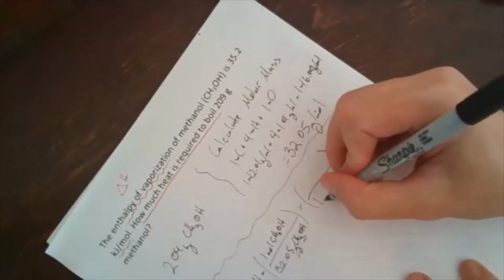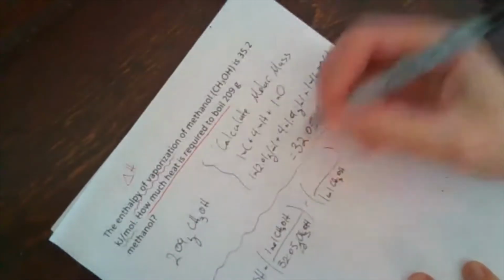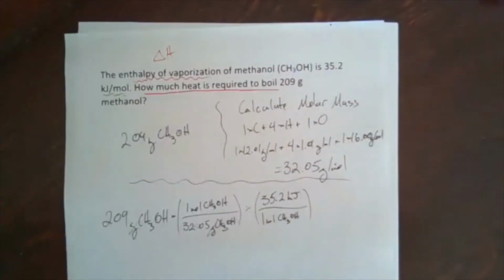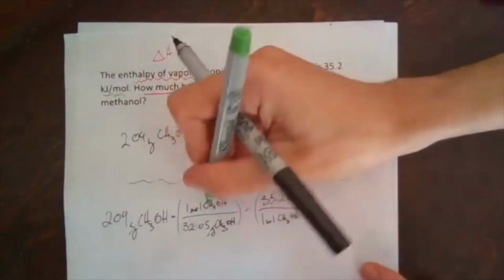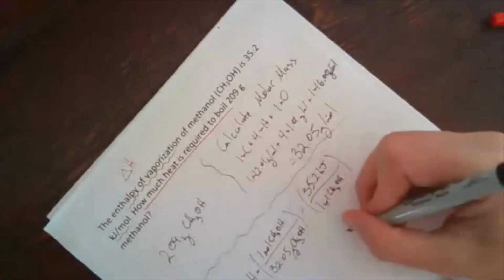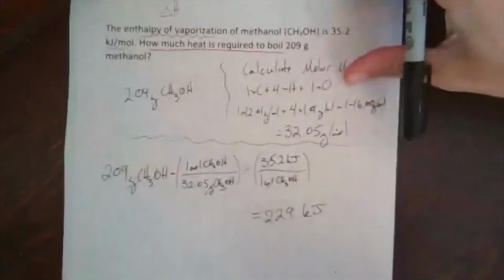So per mole tells me again, that's per 1 mole of CH3OH, 35.2 kilojoules. The moles cancel out. And overall, I get 229 kilojoules.